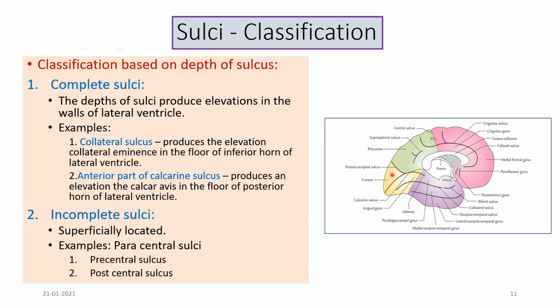Which is an example for the axial sulcus that you can see on the medial surface. With this, we have discussed the various sulci that will be seen in relation with the cerebral hemisphere and the classification with examples we have discussed.